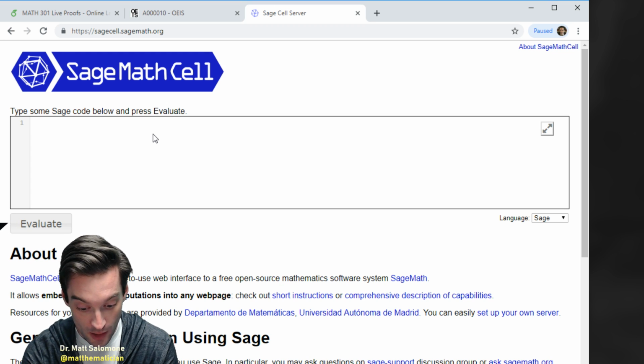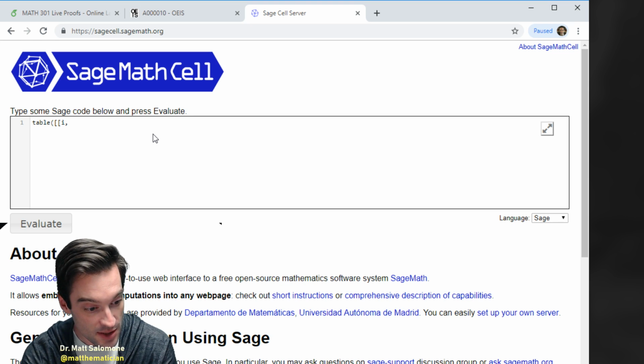What I want is a table of the values of i, and I only want to see those values of i that are relatively prime to 57.